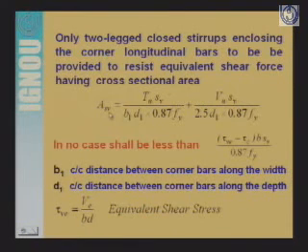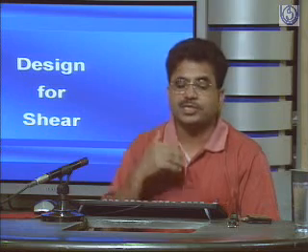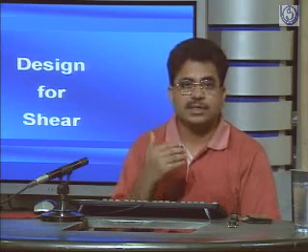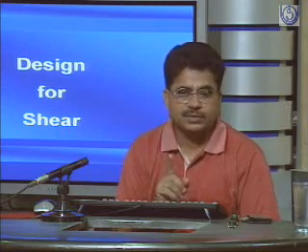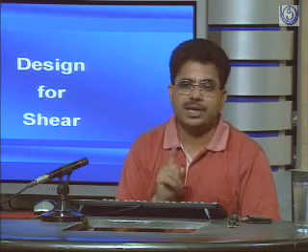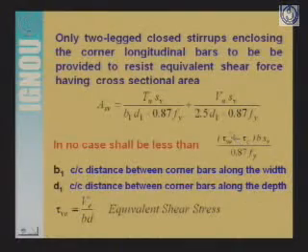And also the code says that in addition to this condition, another condition which should be fulfilled is that in no case this Asv should be less than tau ve, means equivalent nominal shear stress, minus tau sc into b into Sv divided by 0.87 fy.